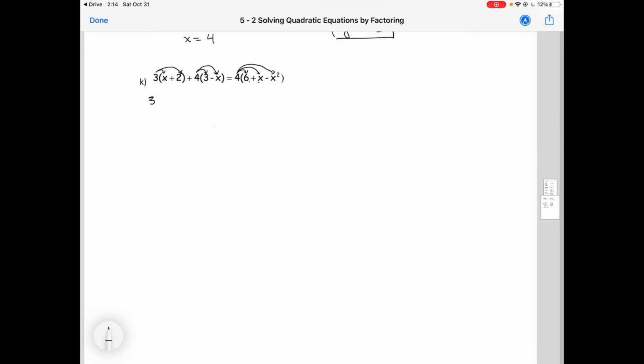So when we expand, we're going to get 3x plus 6 plus 12 minus 4x equals 24 plus 4x minus 4x squared. Then I'm going to move everything over to the left-hand side. So I've got 4x squared minus 4x plus 3x minus 4x plus 6 plus 12 minus 24 equals 0.